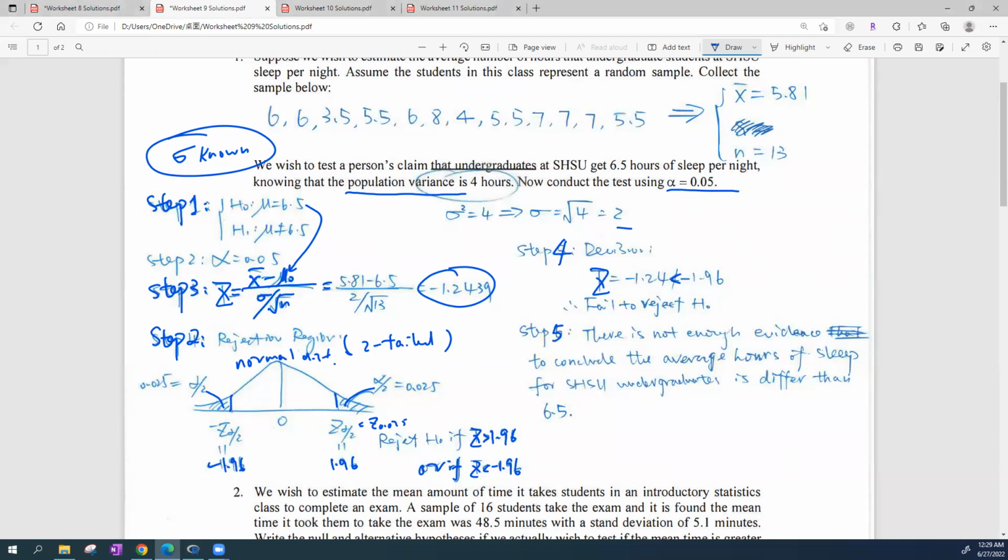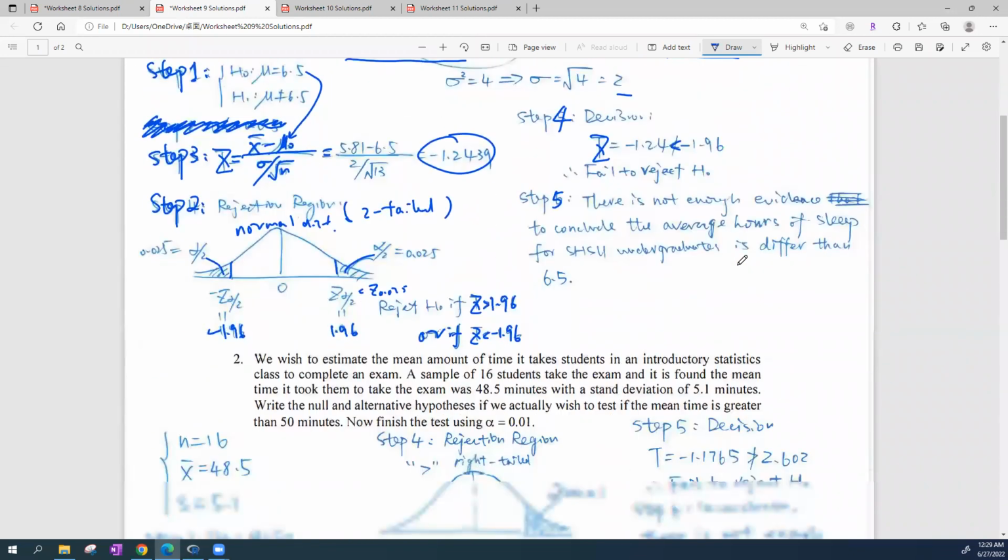And then the last step, step 5, there is not enough evidence to conclude the average hours of sleep for SHSU undergraduates is different compared with 6.5 hours. So 5 steps, and we don't need this here because it's already given.